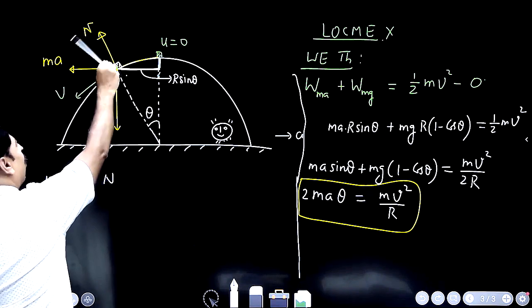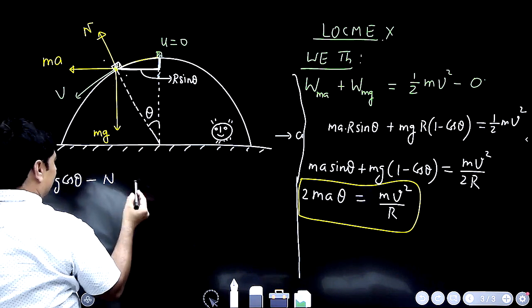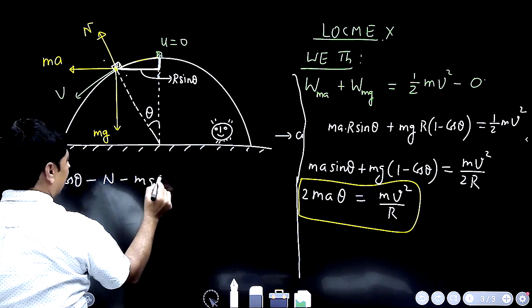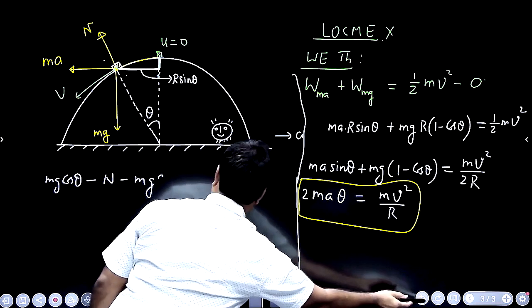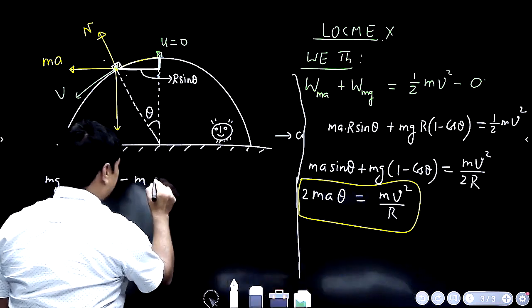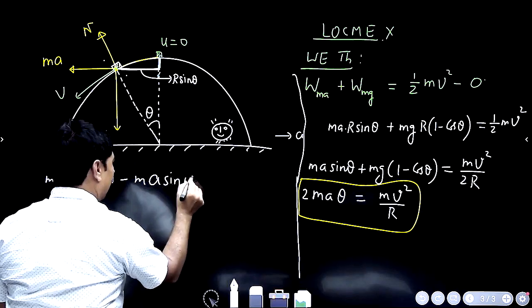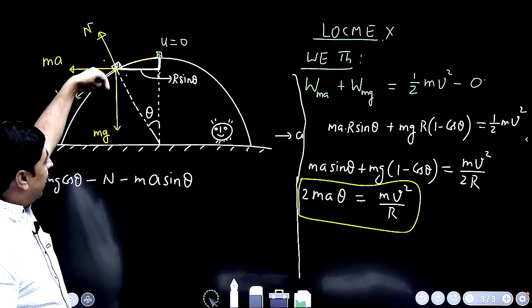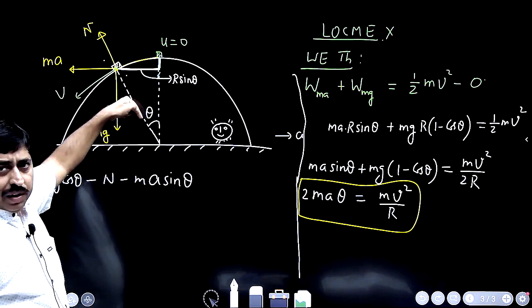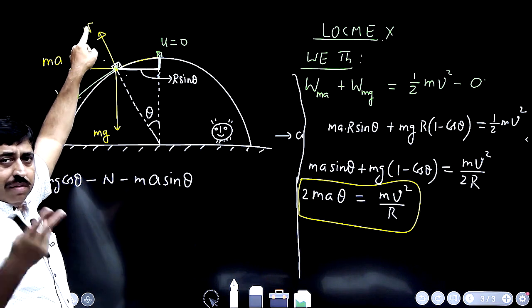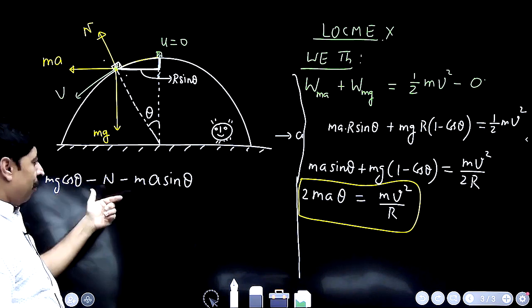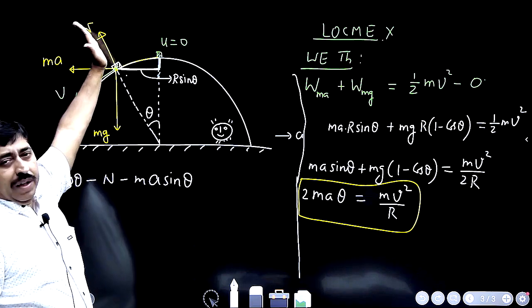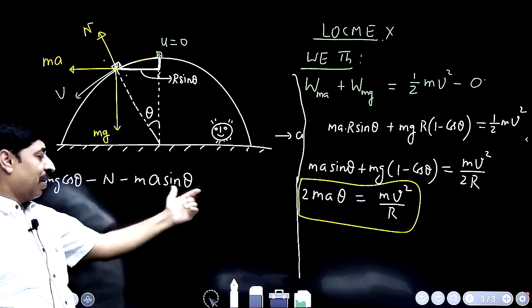So, ma cos 90 minus theta, which is ma sin theta. Students, be very careful. mg has a component in this direction, mg cos theta. Normal reaction is in opposite direction, so I will subtract. Component of ma is also in opposite direction, I have subtracted that.